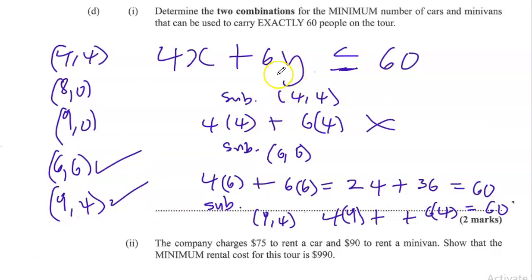Yes, that came out wrong. Alright, so 4 cars and 6 minivans will ensure that we have 60 persons. Likewise, 6 cars and 6 minivans will ensure we have 60 people on tour.